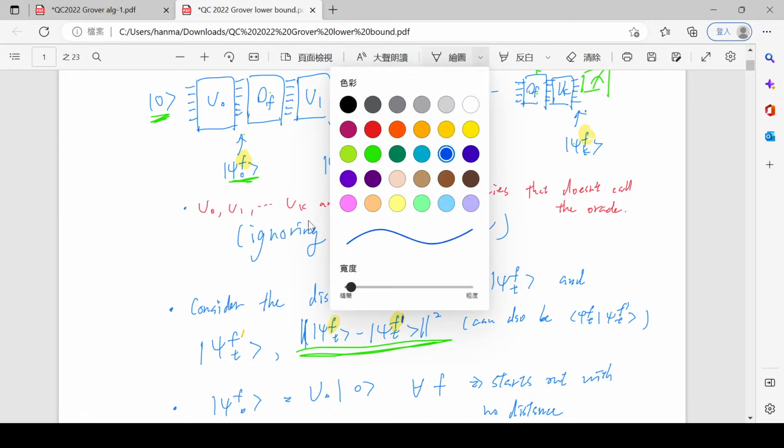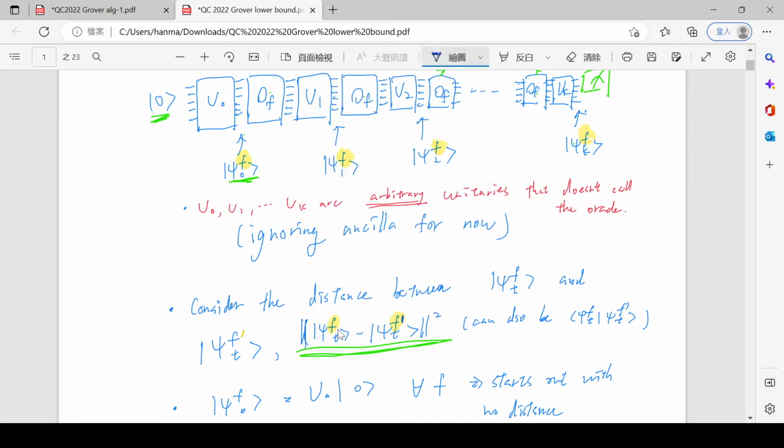There are two things here: the difference depends on what f and f prime you pick, and also on this t. Basically we want to see how this thing grows with t, where t is the number of steps. So hopefully, as t increases, this thing will increase, but not too fast.